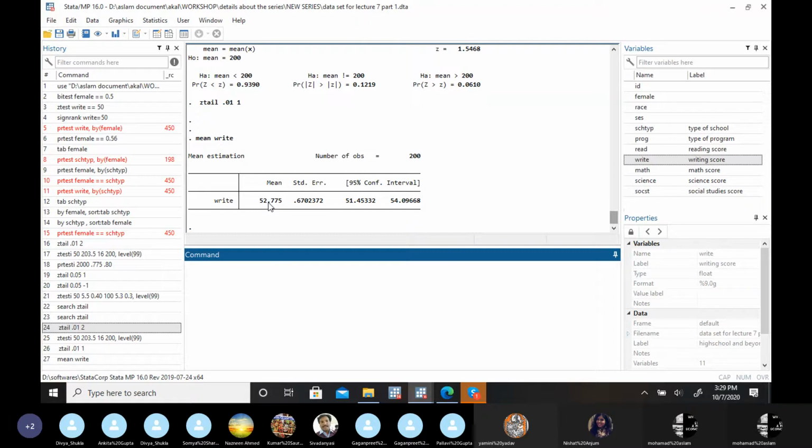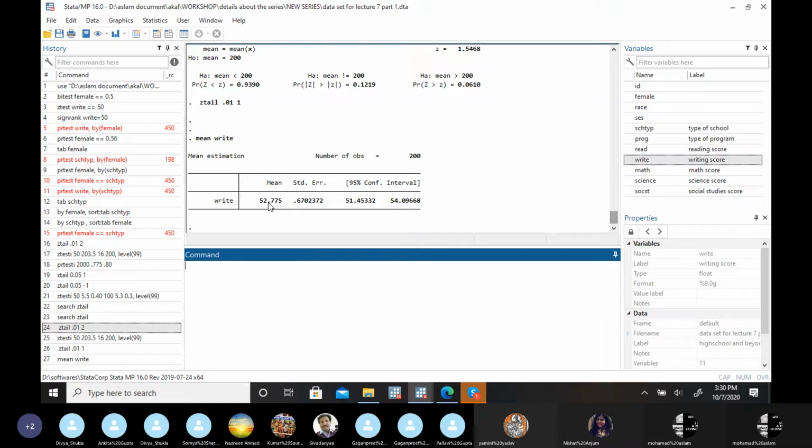I want to know whether this difference is just by some error or by chance, or whether there is some problem in this particular section and these students have a low score. In this case I know the population parameter: on average the writing score for all the sections in the school is 60, but this particular section is only scoring 52.7.